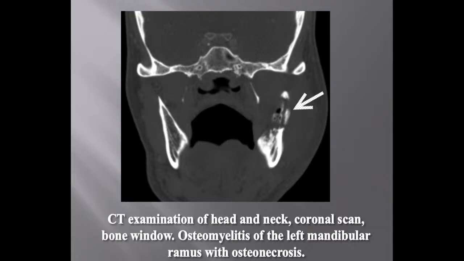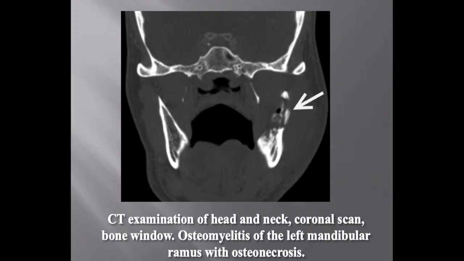On this slide, you can see a CT examination of the head and neck, and on the left mandibular ramus, you can see osteonecrosis and osteomyelitis. These parts of the bone are sequestrums, and they are surrounded by involucrum, and you can see asymmetry of the soft tissues of the face.